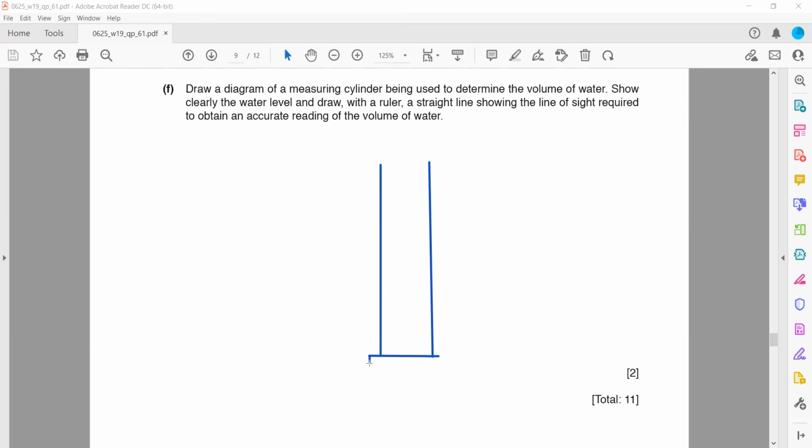This one is the base. Whenever we are reading water, we read the lower meniscus, the lower level. So there will be a meniscus, a curvature.